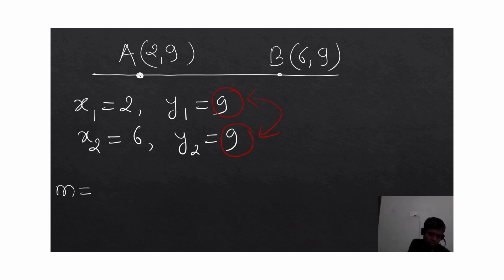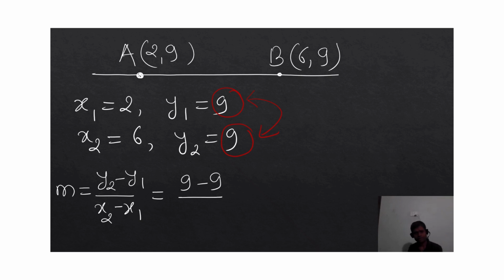Slope equals y2 minus y1 by x2 minus x1. So y2 minus y1 means 9 minus 9, and x2 minus x1 is 6 minus 2. This comes out to be 0 upon 4, which equals 0. So it is clear that if the y coordinates of any 2 points on a line are equal, the slope comes out to be 0.